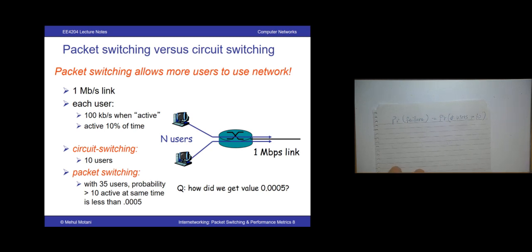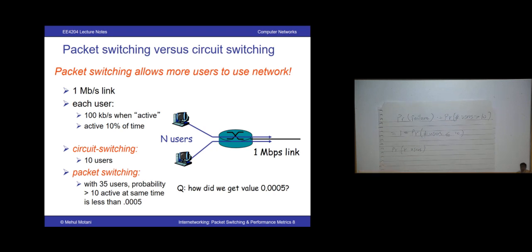So this is just 1 minus the probability that the number of users is what? Yeah, less than or equal to 10. So now all we need to do is compute the probability that there are k users. Right? So what is the probability?